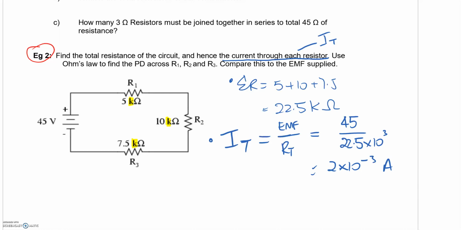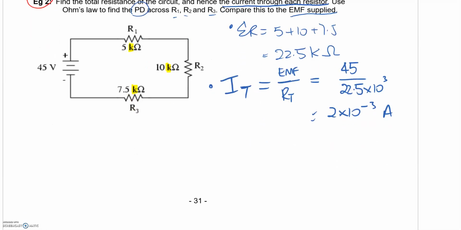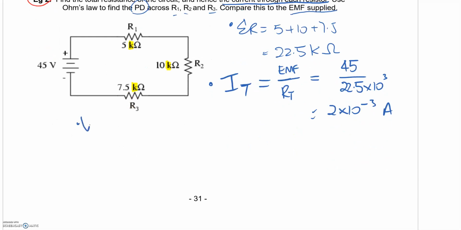Okay, use Ohm's law to find the potential difference, potential drop across R1, R2 and R3, and compare this to the EMF supplied. Okay, so first one, the voltage across R1, V is equal to I times R. With this question, you'll hopefully get the idea that we're using Ohm's law heaps.